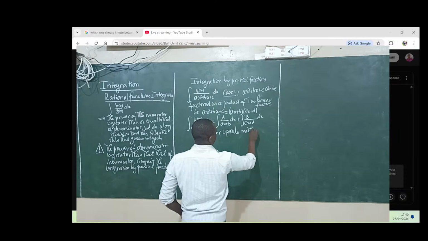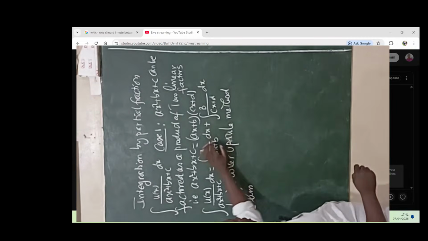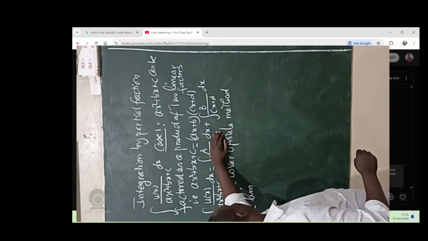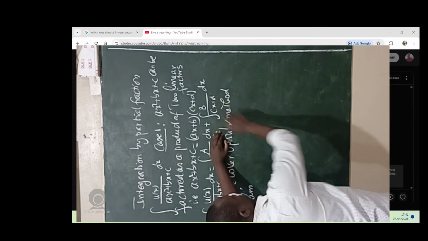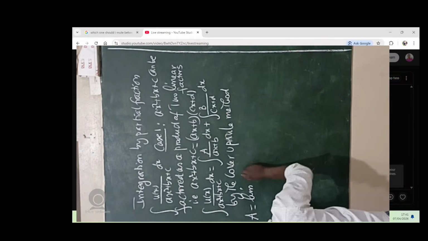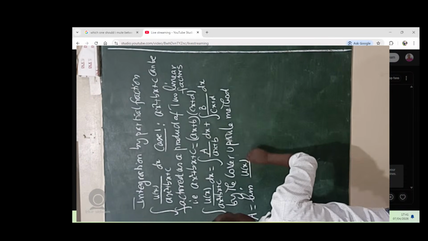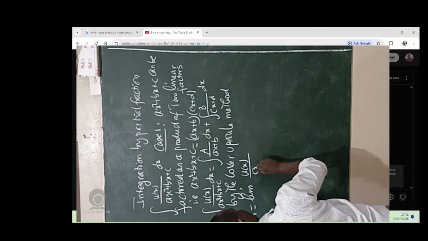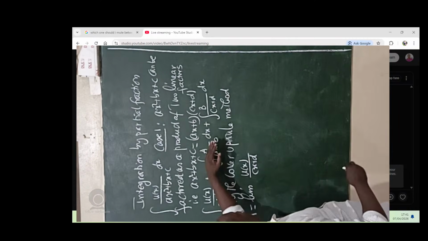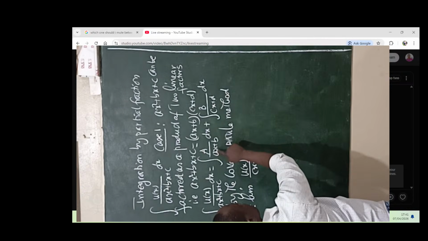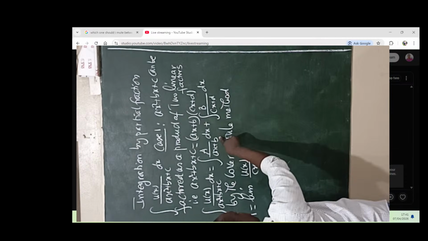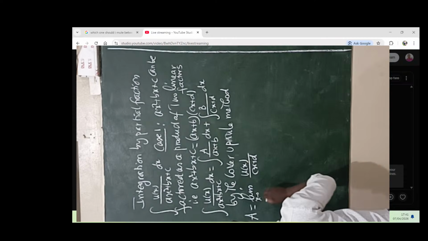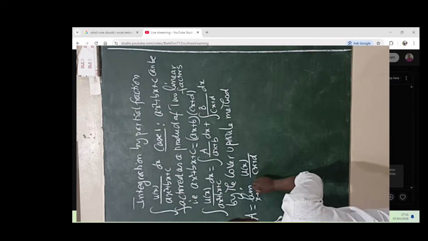A can be equal to the limit. We take this and consider this. We have u of x divided by this, because this was hidden, cx plus d. And here we equate this ax plus b to 0, means our x is approaching minus b over a.